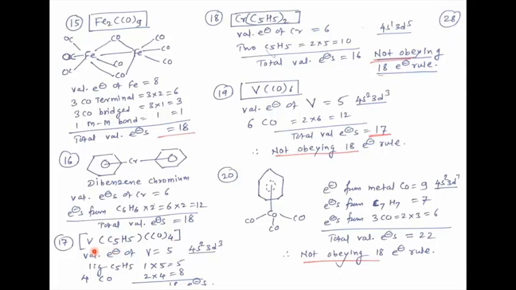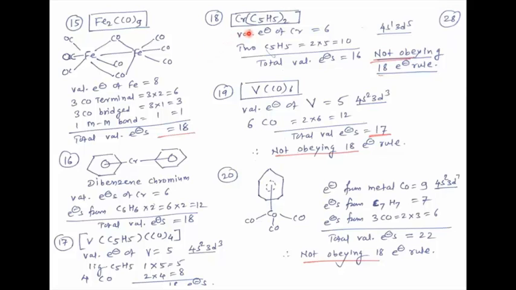Next one, vanadium complex, V(C5H5)(CO)4. Vanadium has 5 valence electrons, configuration 4s2 3d3. 1 ligand C5H5 donates 5 electrons and 4 carbonyls donate 8 electrons, total becomes 18. This complex obeys the 18 electron rule.